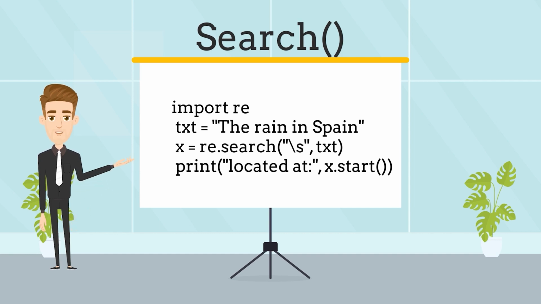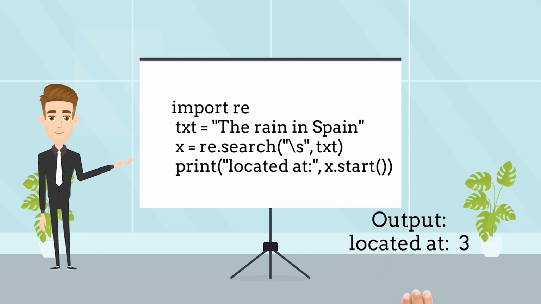The start method of the match object returns the start index of the matched pattern in the string. In this case, the white space character is located at index 3 of the string. So that's what the code will print. If the search fails, re.search returns None. So it's important to check for this case before calling the start method on the result.